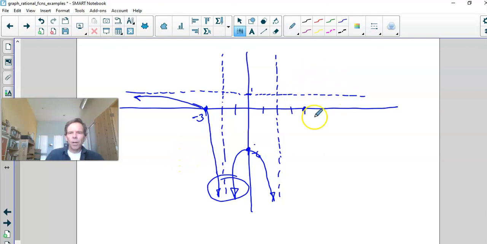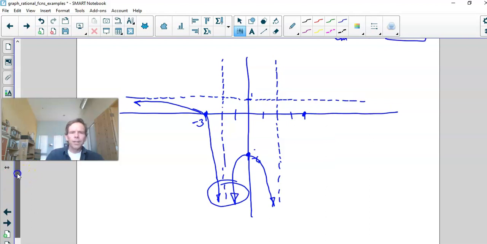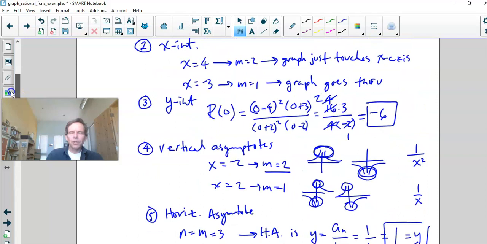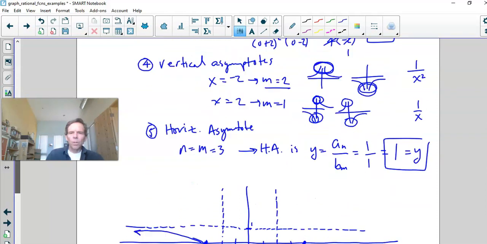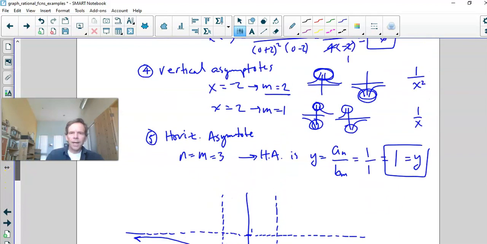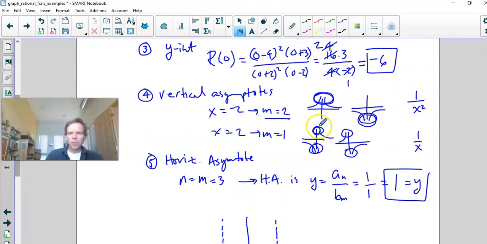Okay, how about the other branch? On the right side, I see this x-intercept there at 1, 2, 3, 4. I think the graph just touched there, right? Just touches. And what's the behavior near the vertical asymptote at 2? I think that was odd multiplicity, and so it's got to have sort of the opposite.